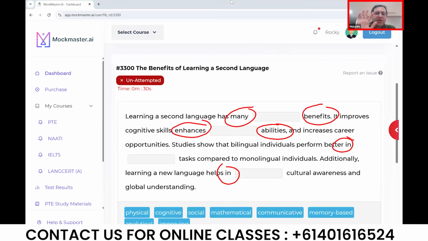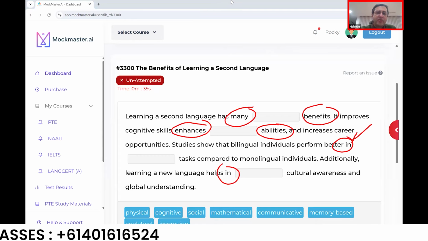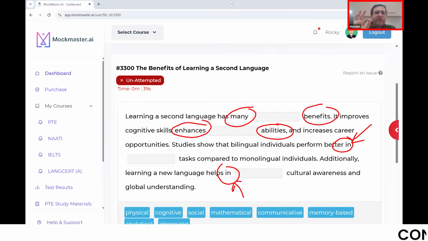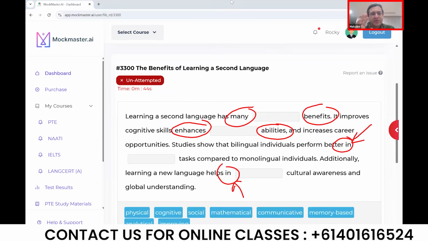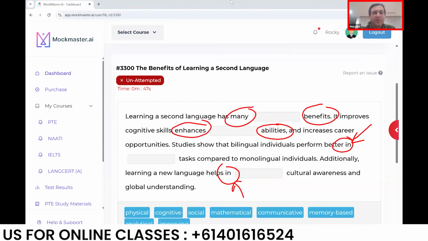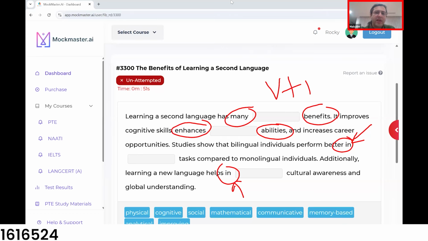Now, one basic rule in grammar is what? That if you have a preposition, which means what? In, on, of, for, by, these words. After these words, if there is a verb, which means what? Action. It will end with ing.